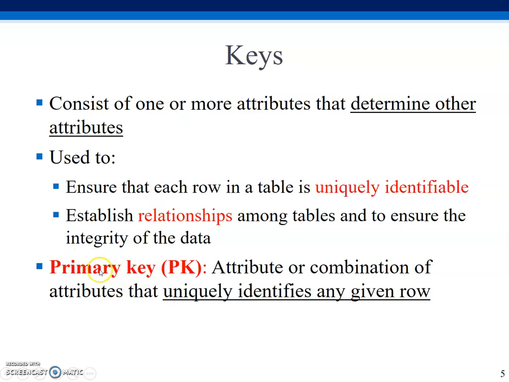A primary key has to be a field or a combination of fields that uniquely identifies any given row. So if I define the student number as a primary key, then all the student numbers in this particular table must be unique. You cannot have a repeat value.